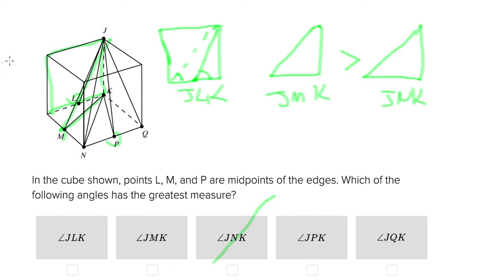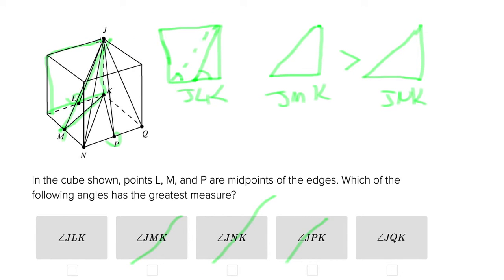For JPK, we've got this measurement here, which, since this is also a half point between one of the equal legs of the base square, should be the same size as JMK. So because JPK is going to be equivalent to JMK, neither of these can be the greatest measure.